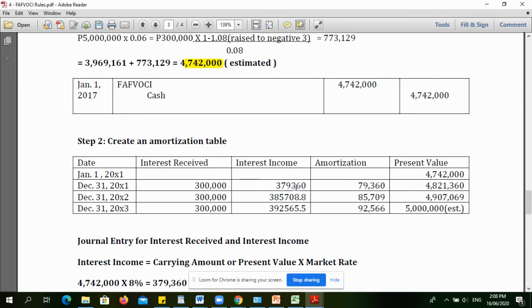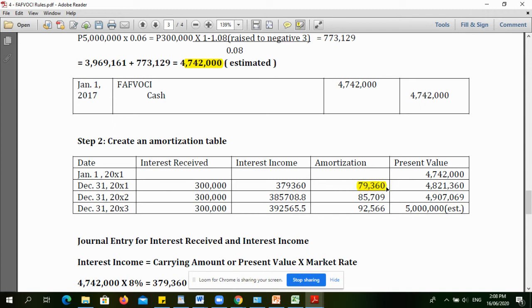Ito naman, interest income, this can be computed by multiplying 4,742,000 times 8%, equals 379,360. And we compare the difference between interest received and interest income. So that is the amortization.